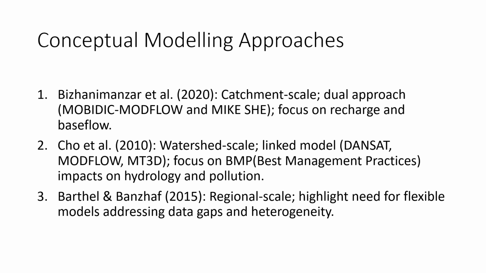About the conceptual modeling approach of the three publications. In the first publication, they used both a simplified and a physically based model in order to simulate water flow at the catchment area. The second publication represents a linked model integrating surface water, groundwater, and pollutant transport to assess BMP effectiveness.